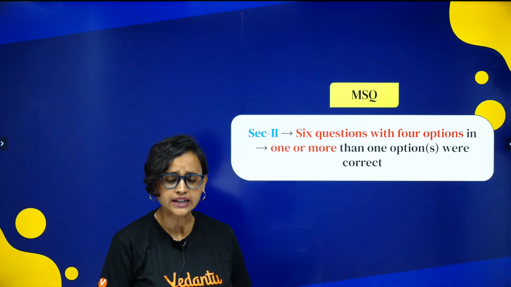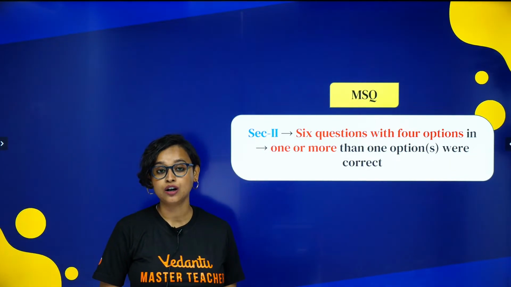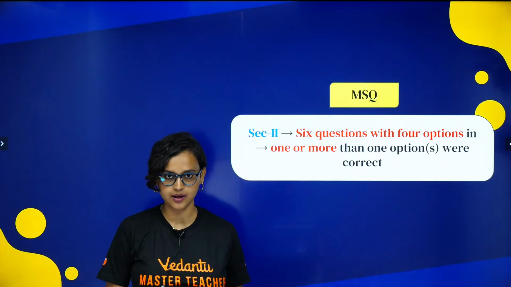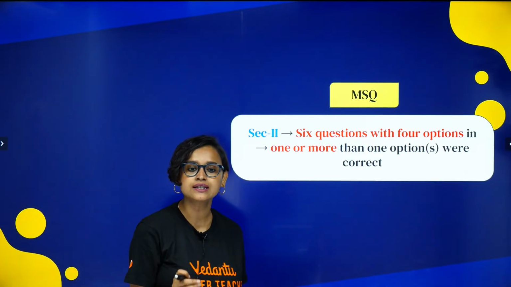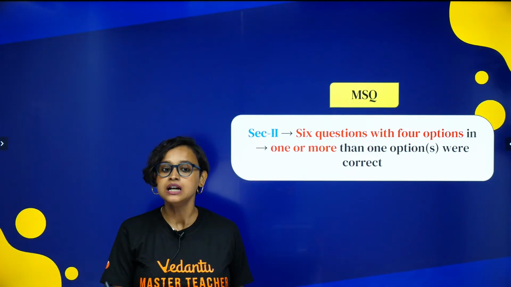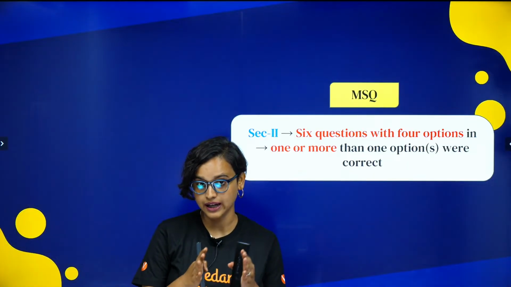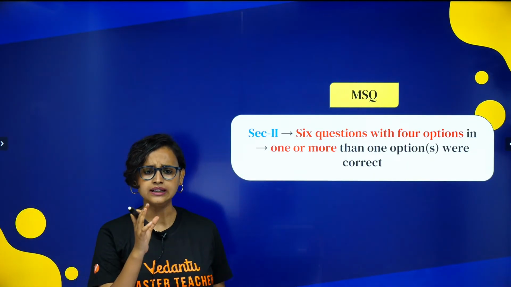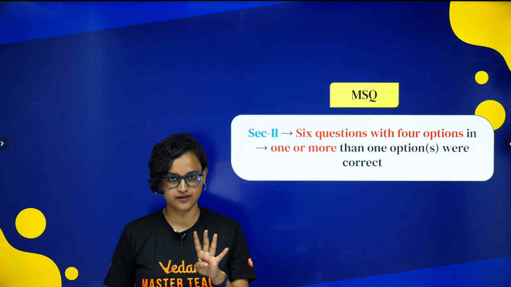Now in today's session, like I told you, I am going to talk to you about the multiple correct answer type questions. First, you have to understand that these are called MSQ. Not MCQ, this is MSQ. In Section 2, there will be 6 questions with 4 options.